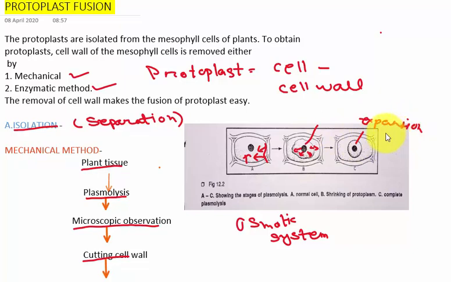The reason for the expansion is the inflow of water from the external medium. You can see here the second stage is the shrinking of the protoplasm, and in this stage it is complete plasmolysis.